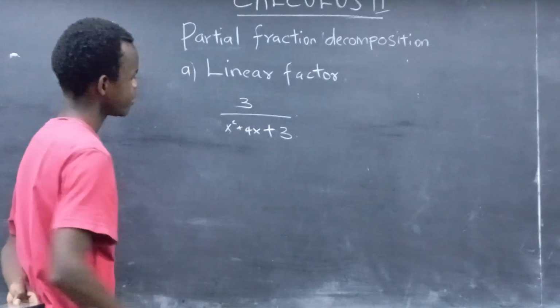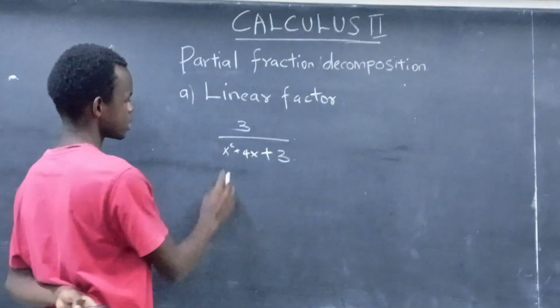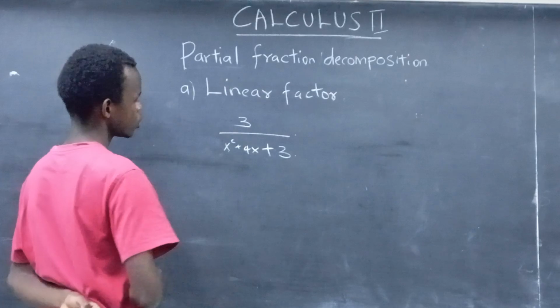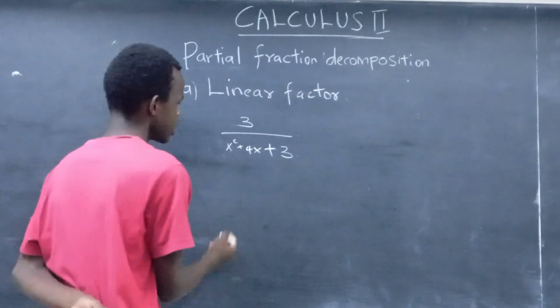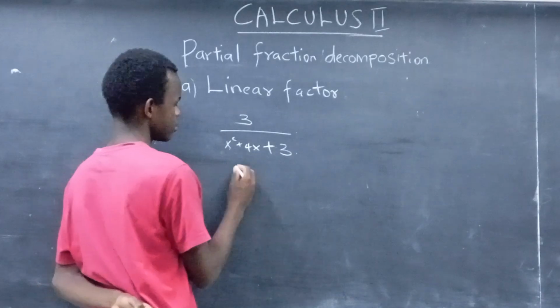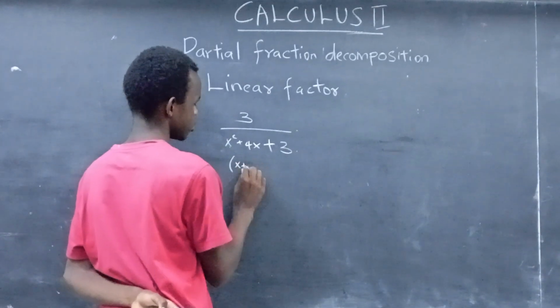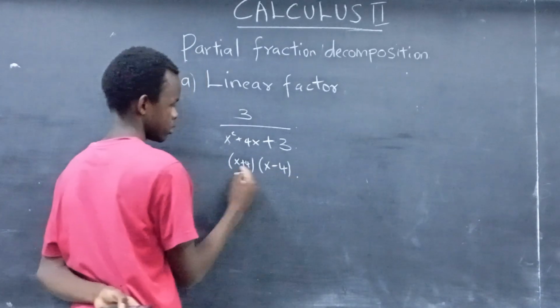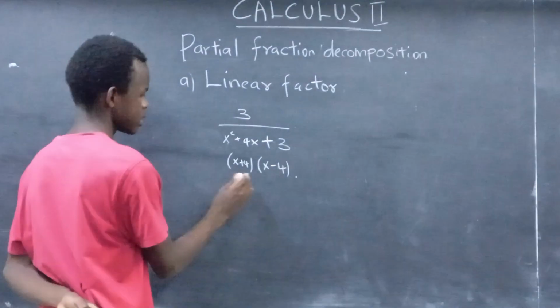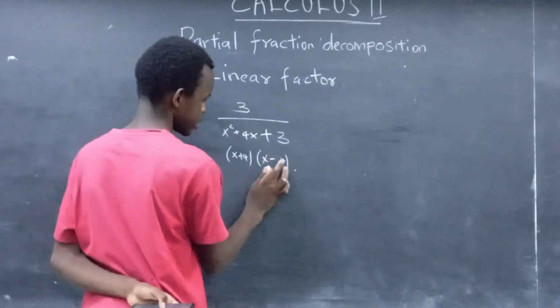Once given something like this, we'll have to factor. Let's find the factors for this. For example, I'll just say the factors are x plus 4 and x minus 4. Though it's not a perfect square, let me just place 3 here.